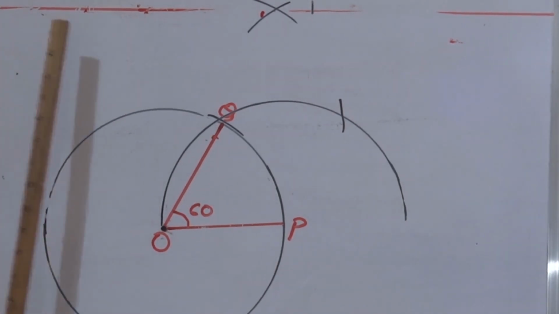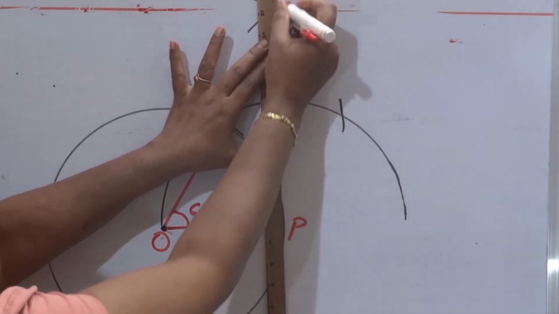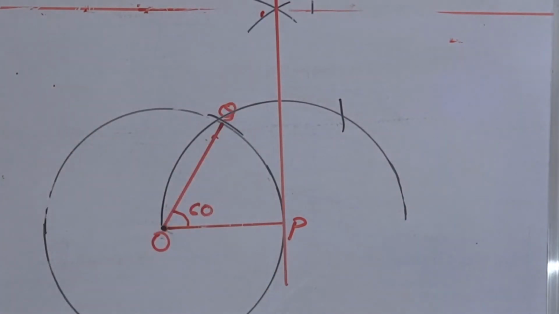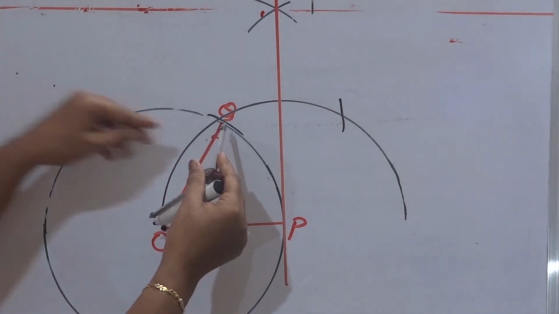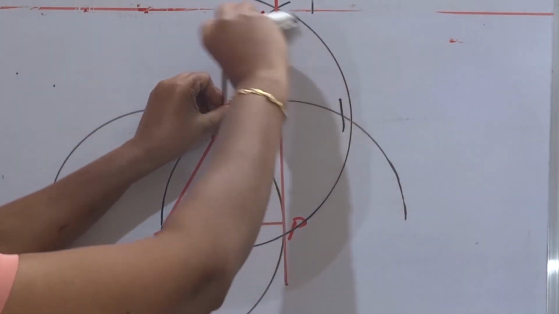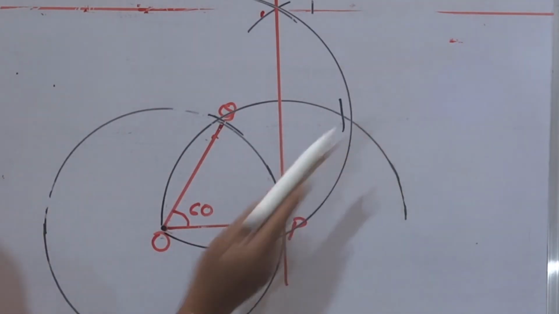Now let us join that point of intersection to point P. This is one tangent. Similarly, we will make one more tangent at point Q. For this, let us take this as radius and draw a semicircle here. Now, this is our semicircle.